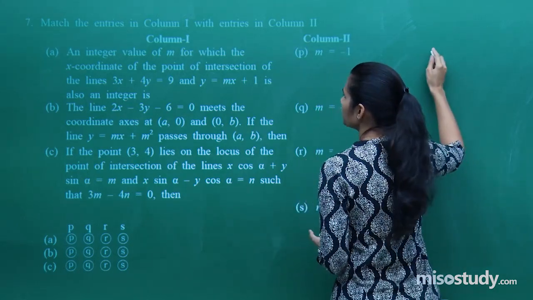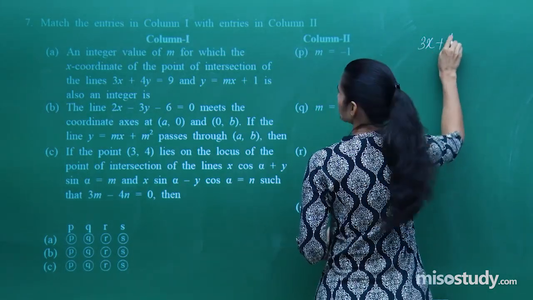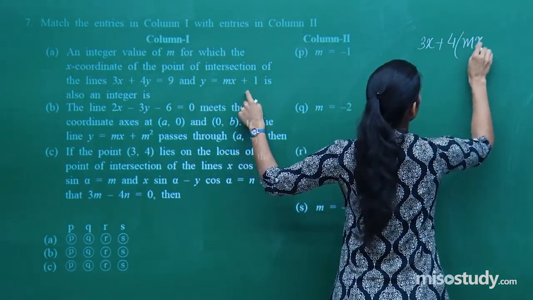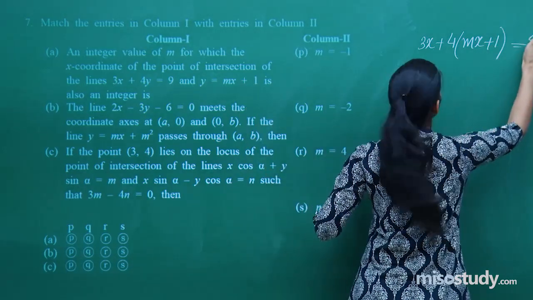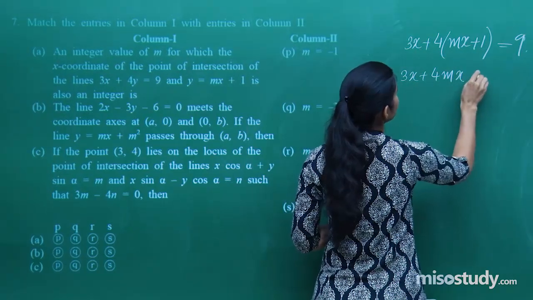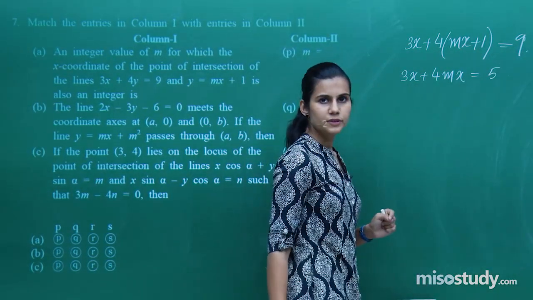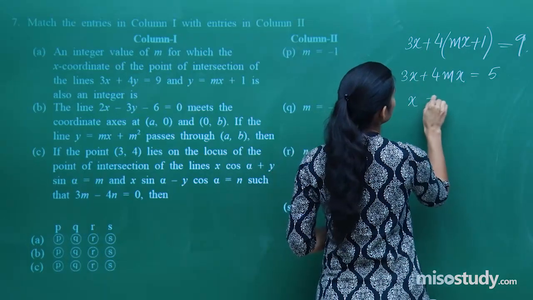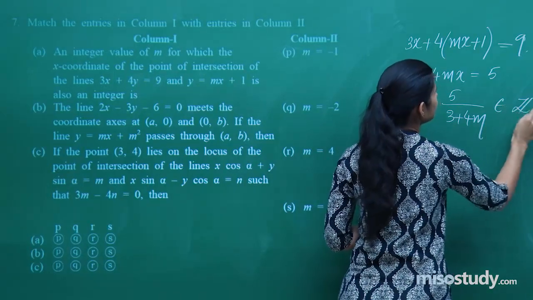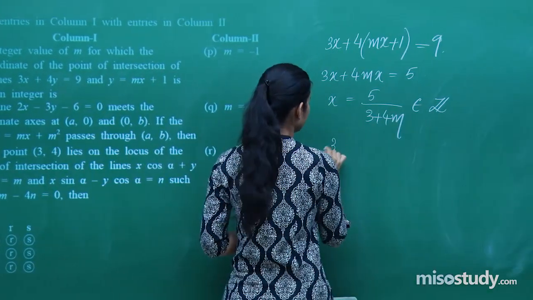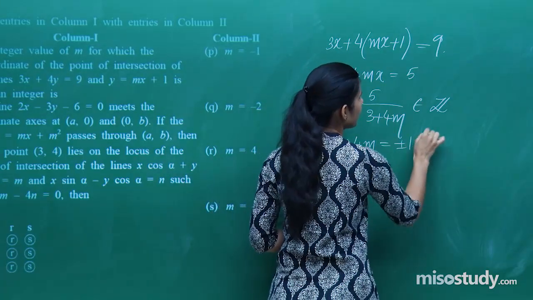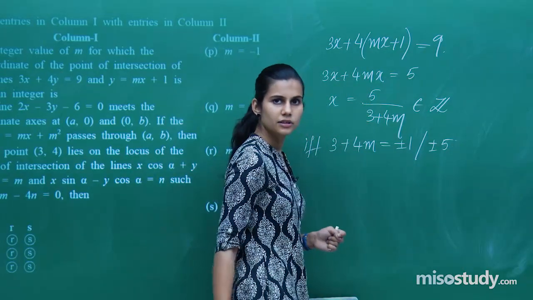Let's first talk about the point of intersection. 3x plus 4y equals 9, but y I am going to keep as mx plus 1 because both of them are intersecting at a common point, which gives 3x plus 4mx equals 5. When you take x common, you get x equals 5 upon (3 plus 4m). Now this is going to be an integer only when 3 plus 4m is equal to plus or minus 1 or plus or minus 5.